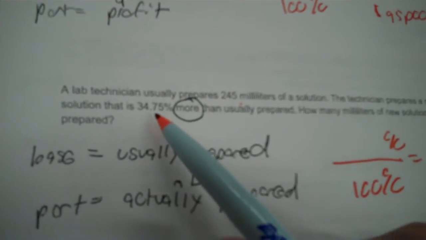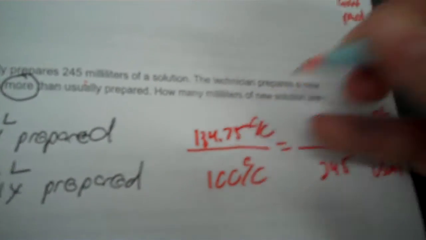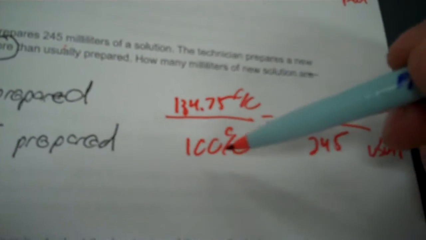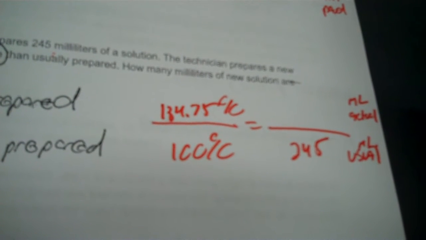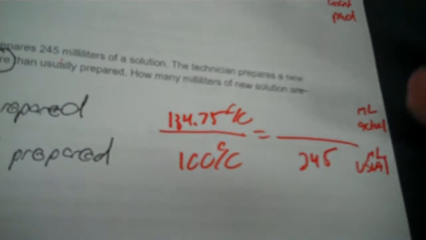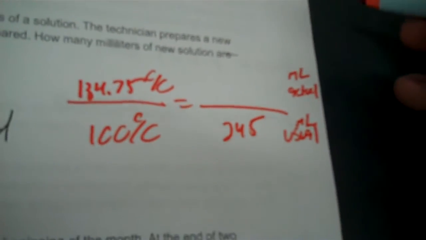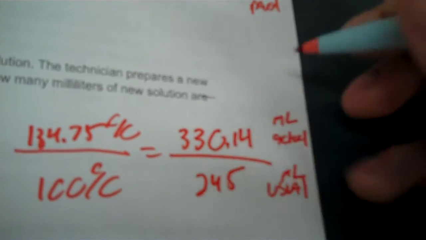You're going to add 100 to that, so it's 135.75, because it's that much more than the usual prepared. Whatever this is, it's 35.75% more, so we add. Now you cross multiply and divide, you're going to get 332 point and then a decimal, so just round it to the nearest hundredth.